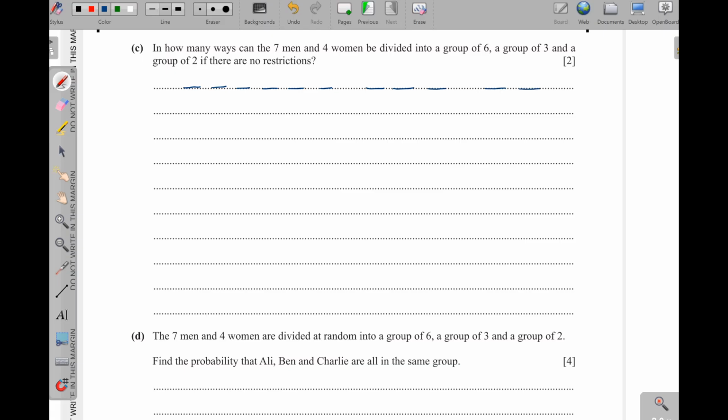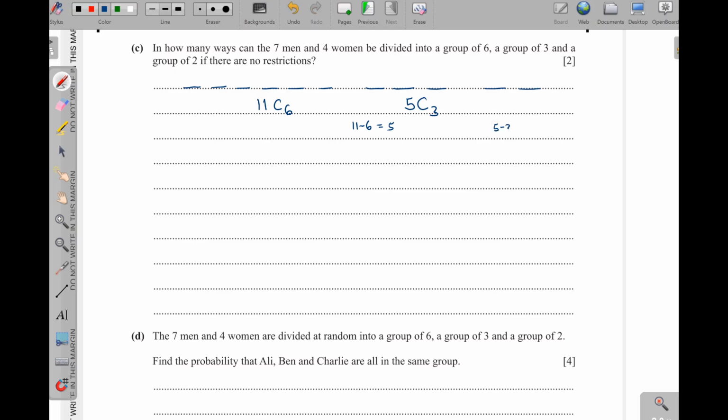The total here is 11. So here we shall have 11 combination 6. You are choosing, you don't have any restriction. Now 11 minus 6, what do you get? 5. Then out of the 5, choose 3 and you put them in this group.